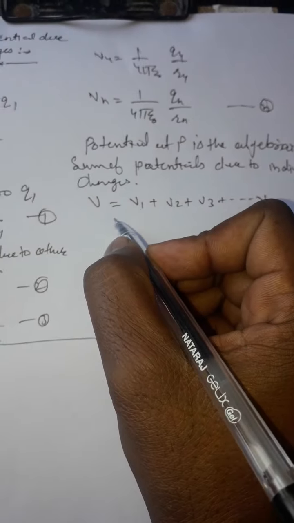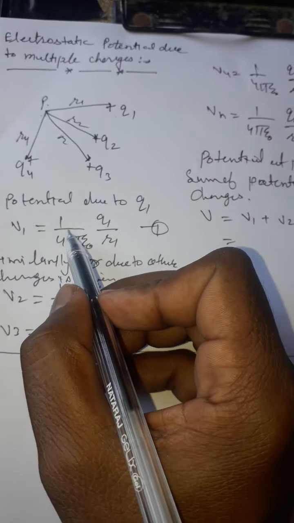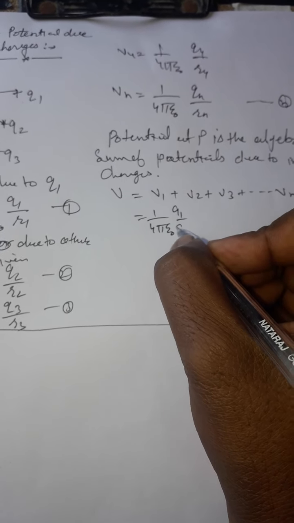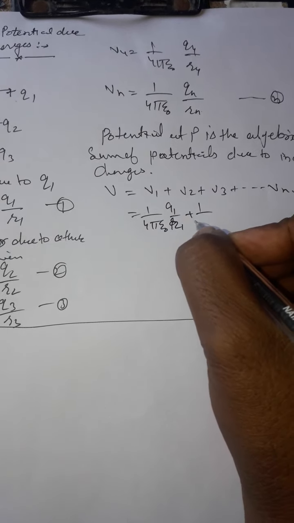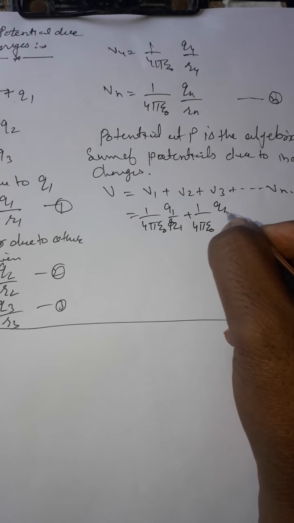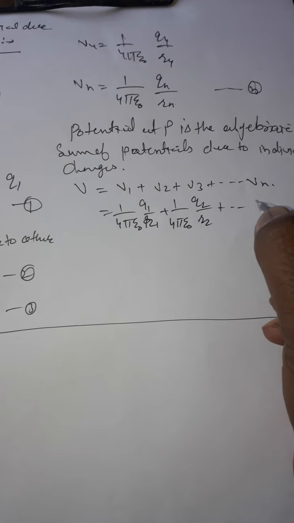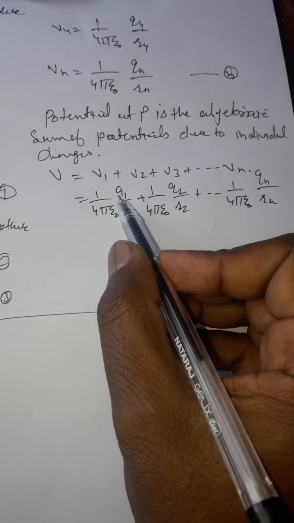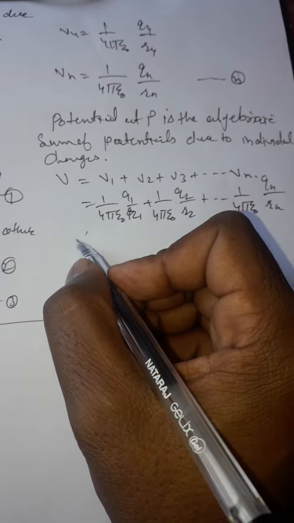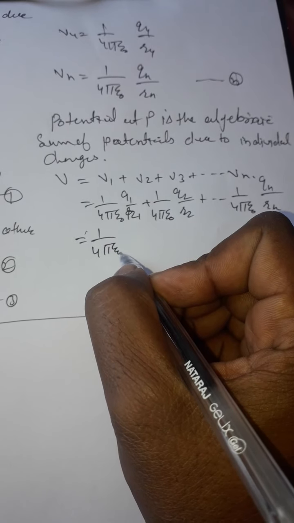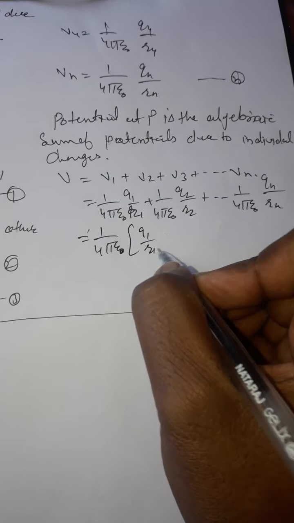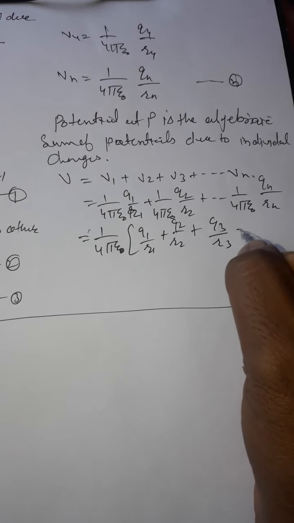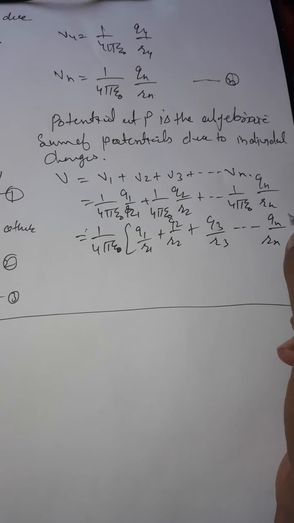Putting the values of V1 and the rest, we get 1 by 4 pi epsilon naught Q1 upon R1, plus 1 by 4 pi epsilon naught Q2 upon R2, and so on up to 1 by 4 pi epsilon naught Qn upon Rn. Taking out 1 by 4 pi epsilon naught as common, we are left with 1 by 4 pi epsilon naught times Q1 upon R1 plus Q2 upon R2 plus Q3 upon R3 and so on up to Qn upon Rn.